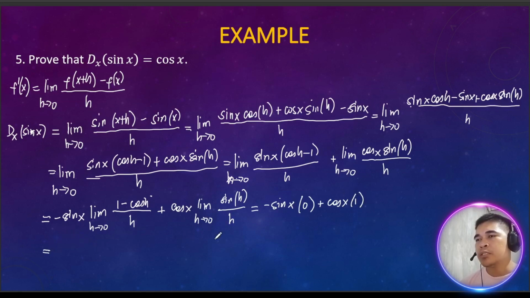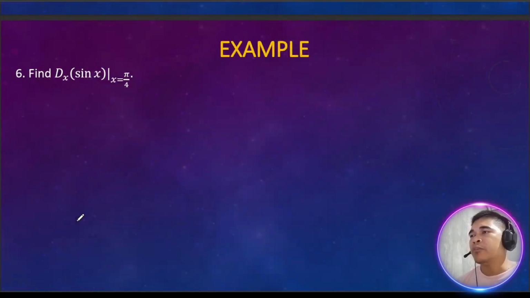So it equals negative sine x times 0, which is 0, plus cosine x times 1, which is cosine x. So that is the derivative of sine x.